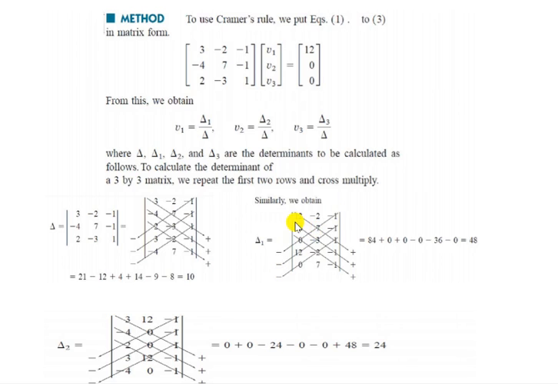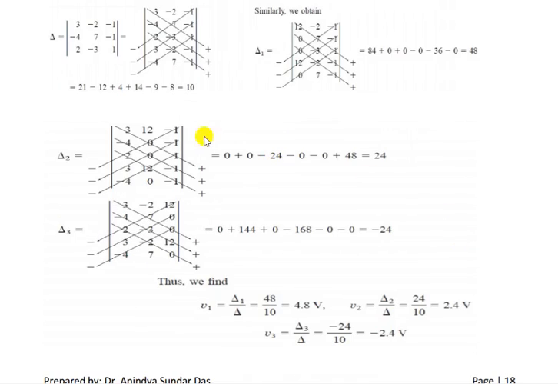So 12 and 7, 84 plus, so plus 84. Now the next one is 0 0, so that will be 0, no problem. Next one is again 0, so 0. Now after that 12 into 3, 36, minus minus plus into minus, so minus 36, 0 into something is 0, so you will get this value. So delta 1 by delta will give you v1.